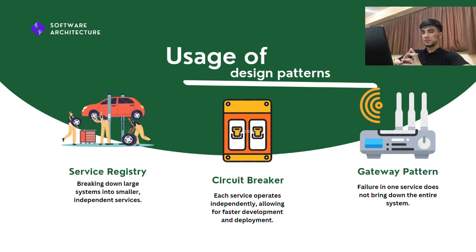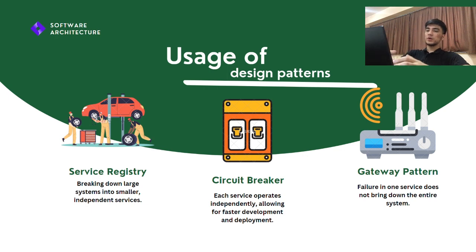Next is the gateway pattern. So the gateway pattern acts as a helpful guide for clients trying to access different parts of a microservice system. As I said, it's like a central hub that manages all incoming requests and directs them to the right place. This pattern is implemented by setting up a single entry point for the clients, typically a server or API gateway. So using the gateway pattern makes it easier for clients to interact with the microservice system.